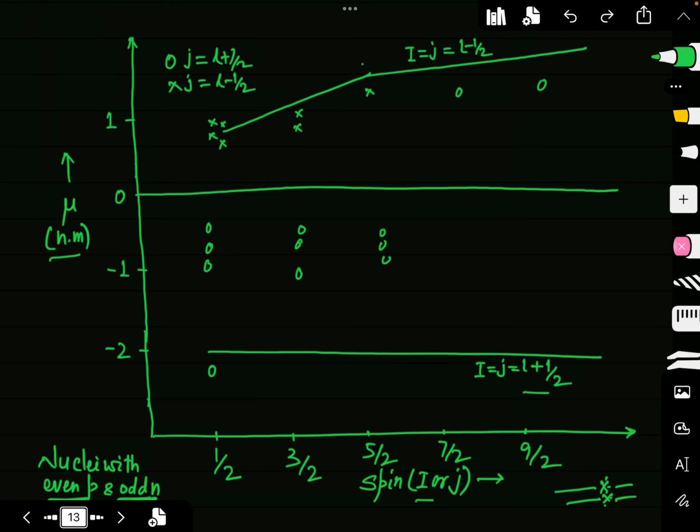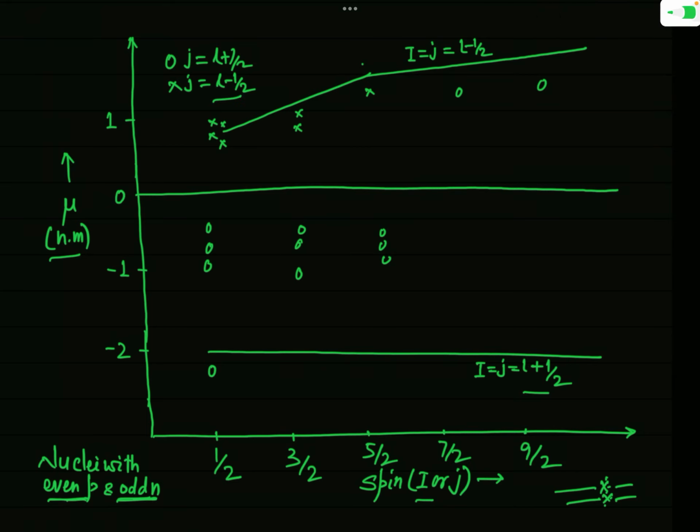You can see it here. For J equal to L minus half, these crosses are very close. So the nuclei with J equal to L minus half are closer to the Schmidt line for which J equal to L minus half, and the nuclei represented by circles are closer to J equal to L plus half.